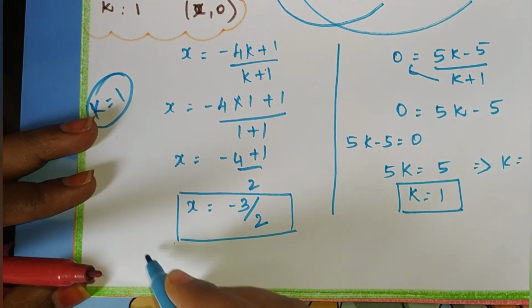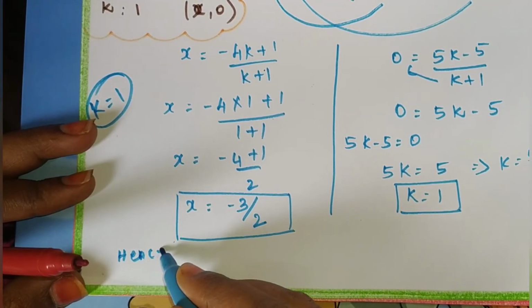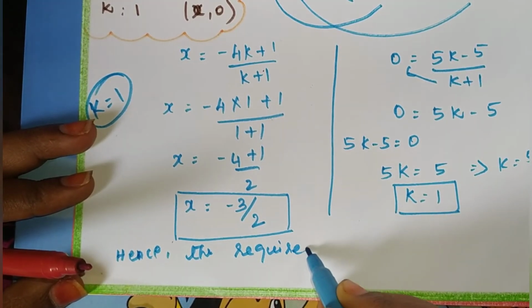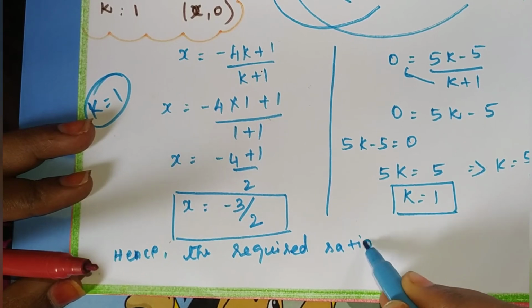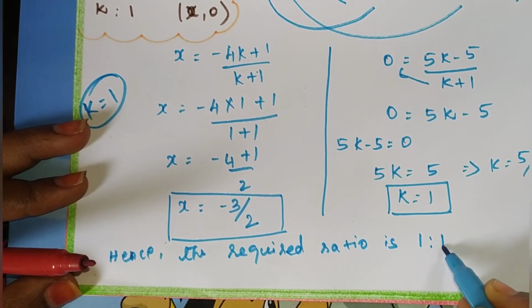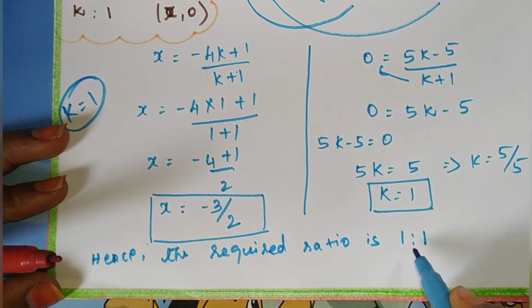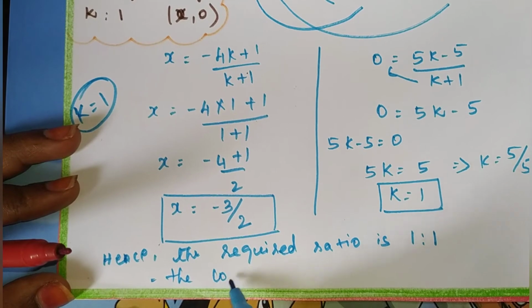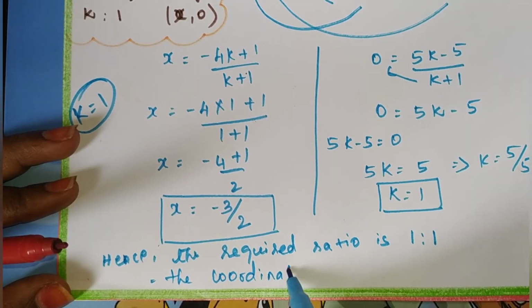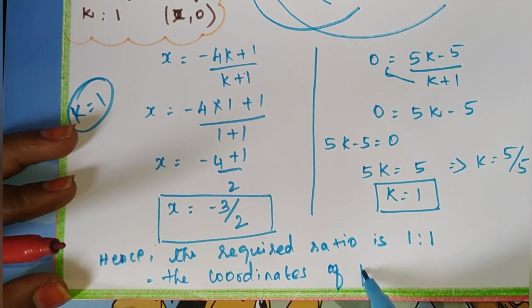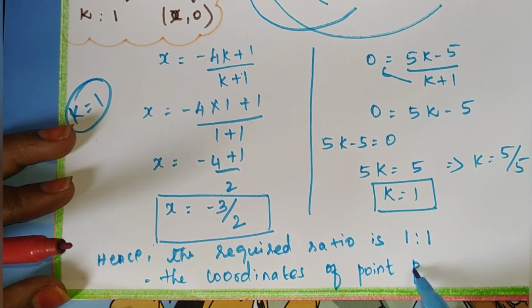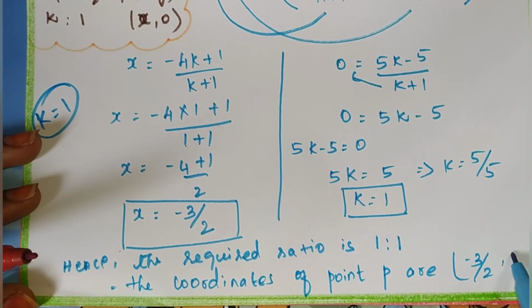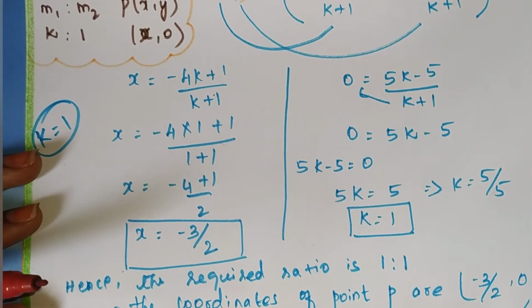Therefore, the required ratio is 1:1, and the coordinates of point P are (-3/2, 0), that is (x, 0).